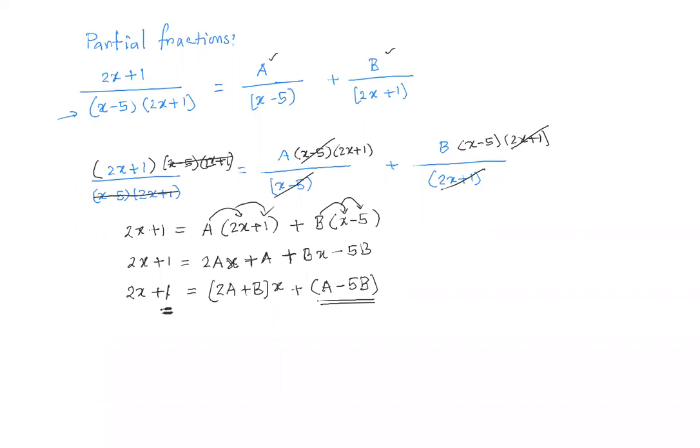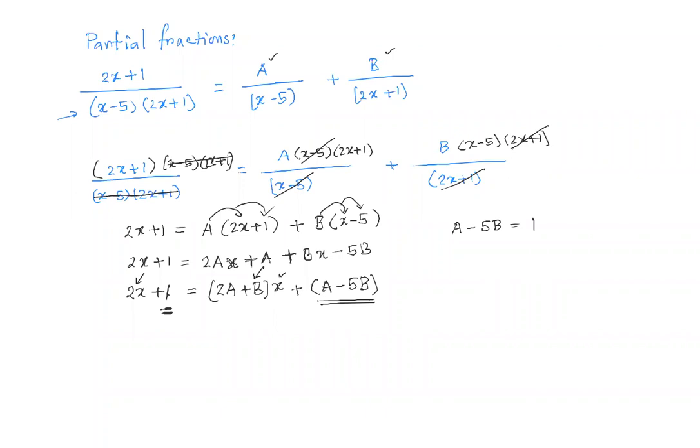So on the left, you have 1, the constant. 2x is not a constant because it has a variable x in it, and (2a + b)x is not a constant either. So the constant on the left must be equal to the constant on the right. That tells me right away a - 5b = 1.